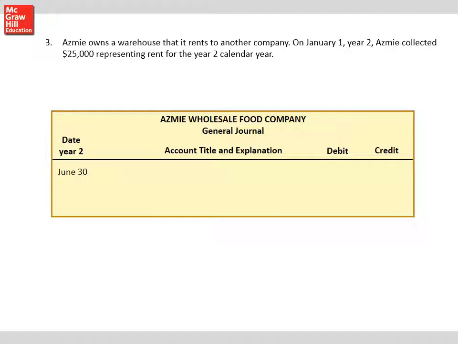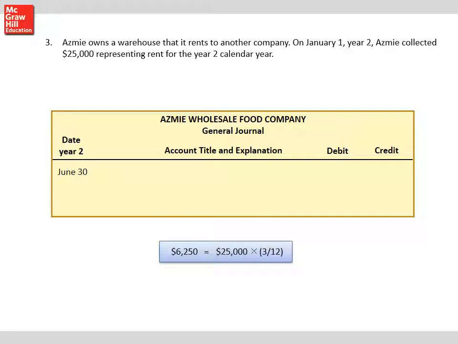Remember, any adjusting entry related to this has been recorded through March 31st. Well, originally when this was recorded, it was debited to cash and credited to deferred rent revenue, or that liability account, unearned rent revenue, same thing. We need now to show 3 months of that as rent revenue.